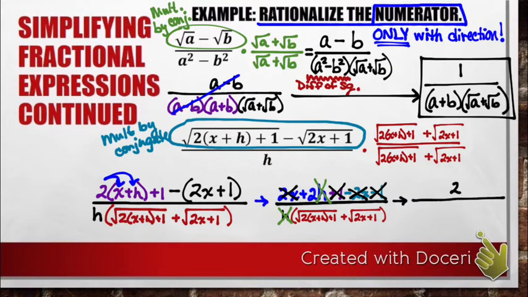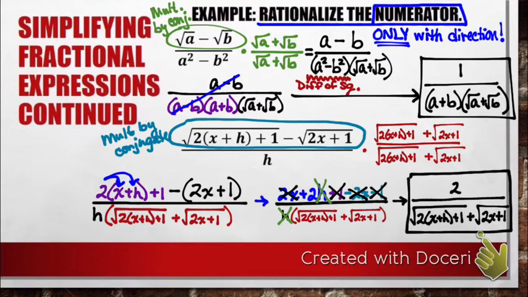No more h in my denominator, so I just have the conjugate of what used to be in my numerator: radical 2 times x plus h plus 1 under the first radical, plus 2x plus 1 under the second radical. That would be my final answer. I would leave it just like that.